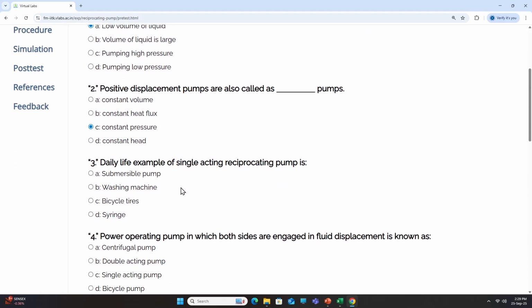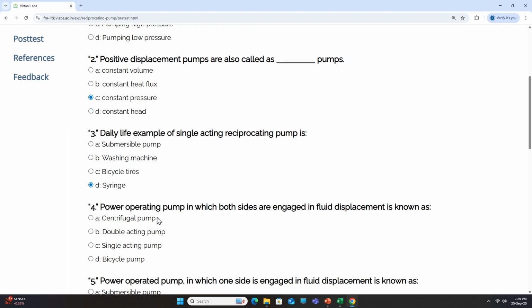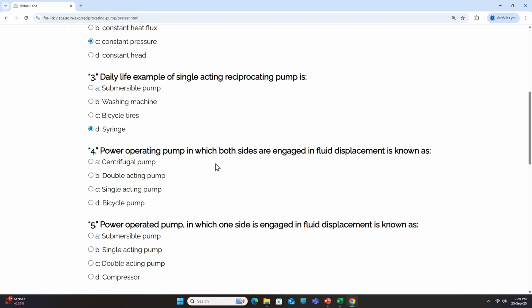Daily life example of a single acting reciprocating pump is a syringe. Power operating pump in which both sides are engaged in fluid displacement is known as centrifugal, double acting, single acting, bicycle. It is double acting pump. Power operated pump in which one side is engaged in fluid displacement is known as single acting pump.